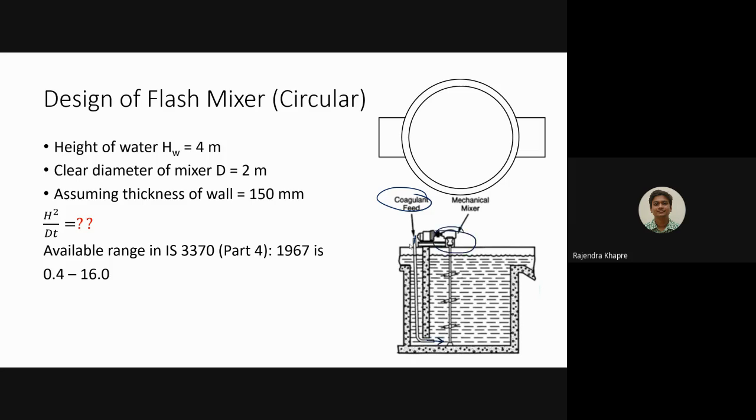There are blades continuously rotating, and because of this the coagulant is properly added in the water, and once the coagulant is added it will be transported to the next unit. This is a very simple basic concept, right?